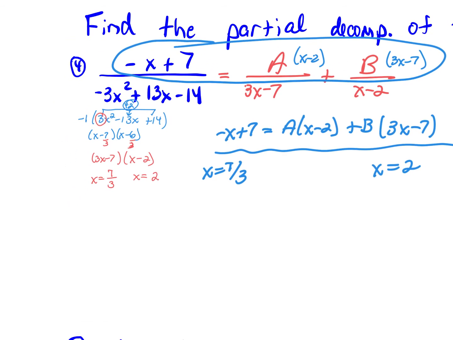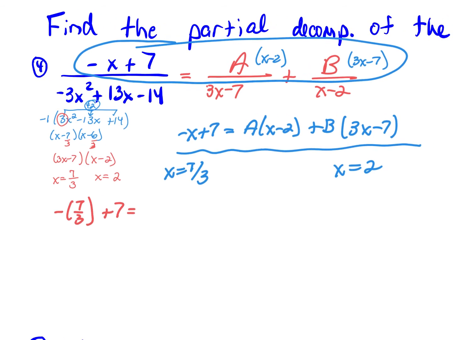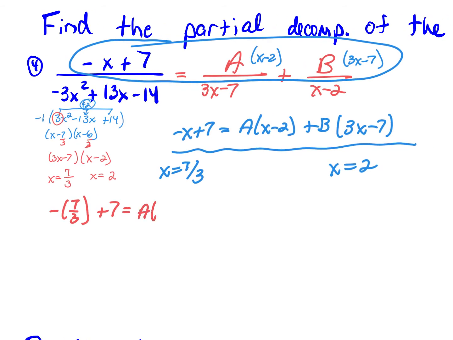Everybody remember this? Okay, so let's plug in. I'm going to say -7 over 3 plus 7 equals A times 7 over 3 minus 2 plus B times 3 times 7 over 3 minus 7.